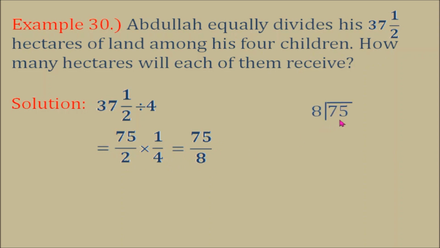Now by long division, 75 divided by 8 is 9. 9 times 8 is 72. 75 minus 72 is 3. So our answer is 9 and 3 over 8. So that's 9 and 3 over 8 hectares.